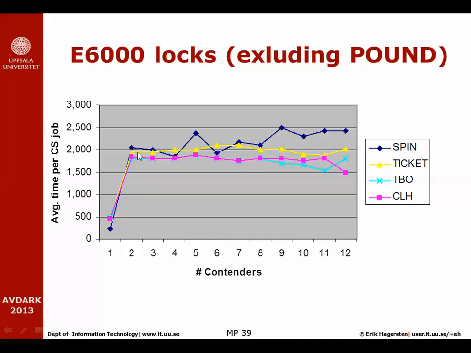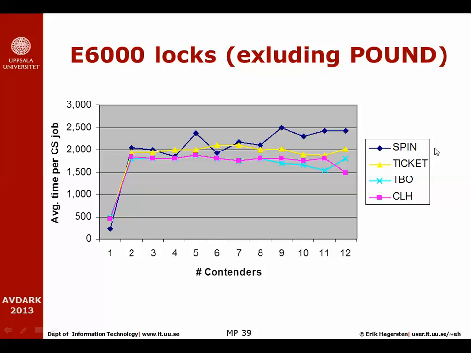Going up to 12 threads here, we can see that we started to get a little bit of a penalty from the spin, and then we have the ticket with it, which is better. Ticket back off looks like it's better, and sometimes it's even better than CLH, but this is a little bumpy. These are real numbers from the real machine, so it's going up and down a little bit.